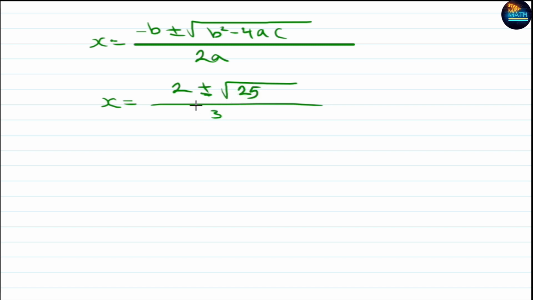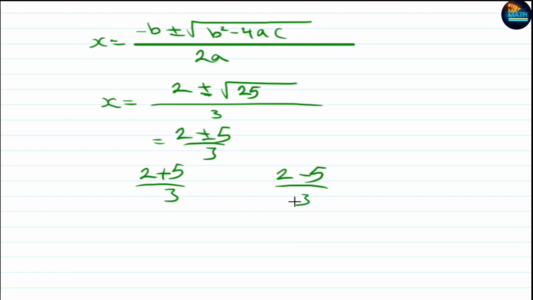So we have different real numbers here, because it's 2 plus or minus 5, divided by 3. One root is 2 plus 5 divided by 3, and the other root is 2 minus 5 divided by 3. So here we have two different real numbers. This is a root, and this is another root, but they are different because this one is plus 5 and this one is minus 5.